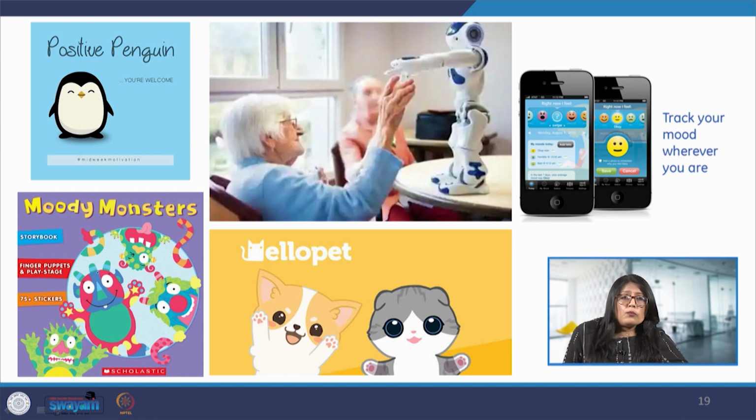Now, Moody Monsters. Sometimes children face problems in identifying what they are feeling, because it's difficult to understand whether I'm feeling sad or angry, and how do I understand this emotion. Moody Monsters is an application for children which teaches them what they are feeling and how to overcome that particular feeling.